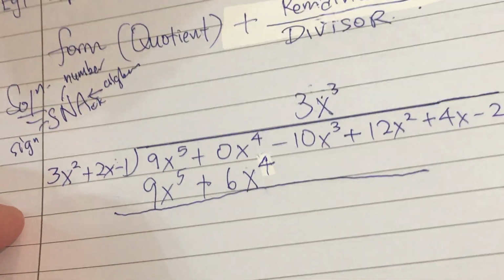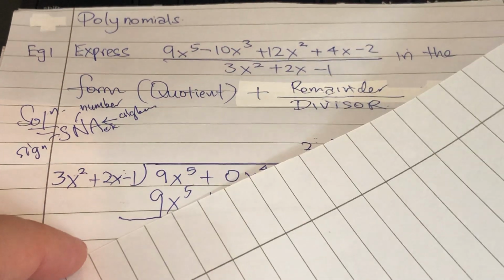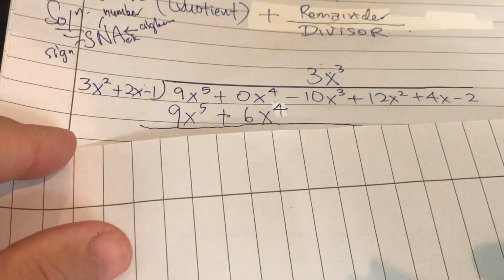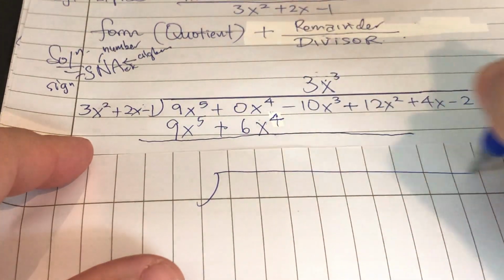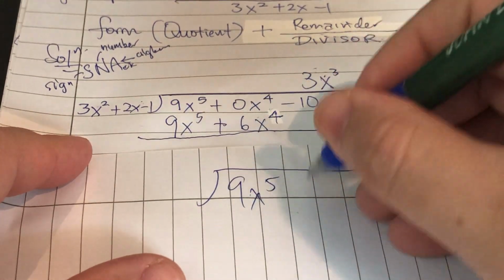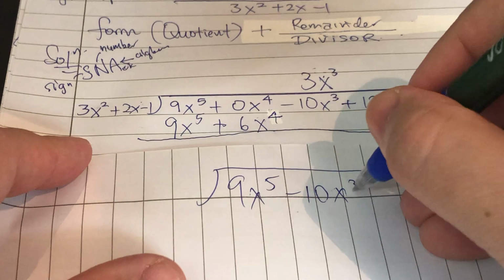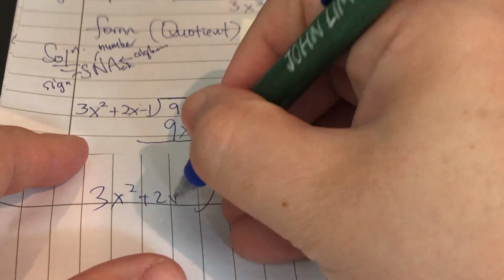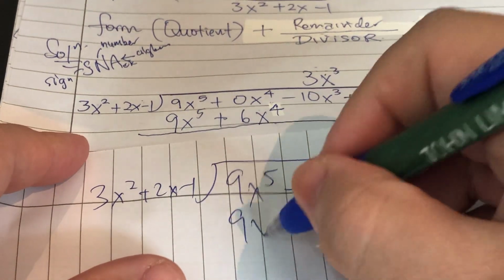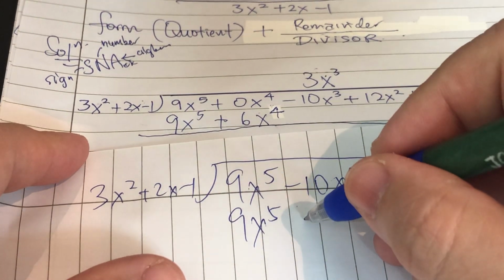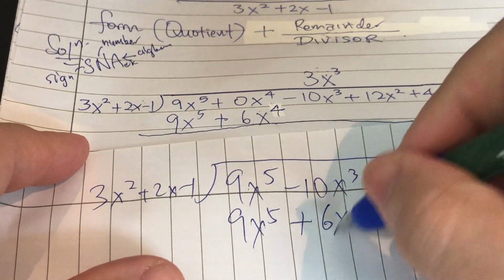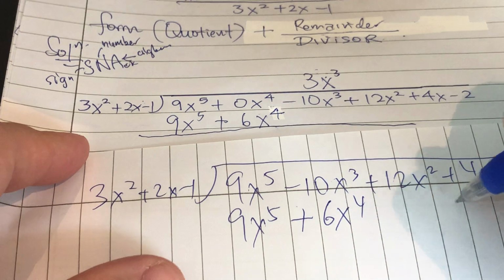For example, if I don't leave a blank there, I'll show you what the problem is. If I don't leave a blank there, then I will write 9x to the 5. Then very likely I will write this. Then there's a problem already.